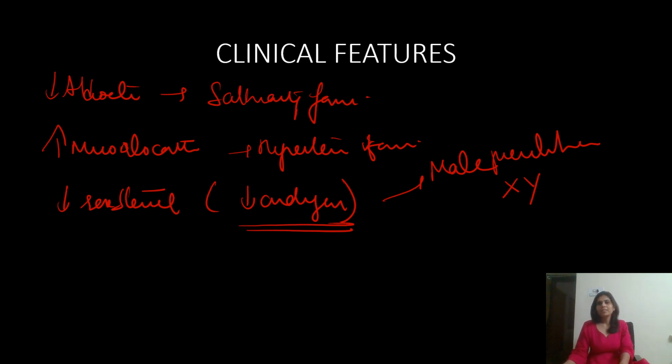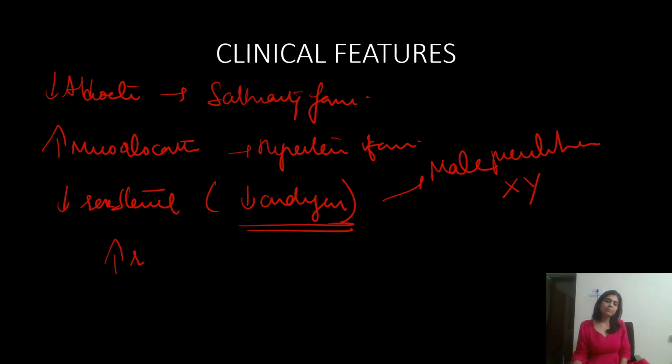Particularly, external genital development will be of female type. So in this case, a child will be reared as a female, and the child would present with primary amenorrhea. And if you do a genetic assessment, you will see that the person has got XY chromosome. Yeah, so that is possible when androgens are not formed.